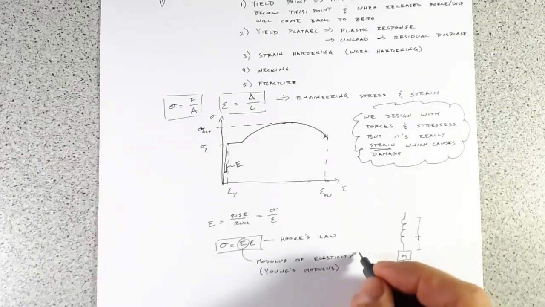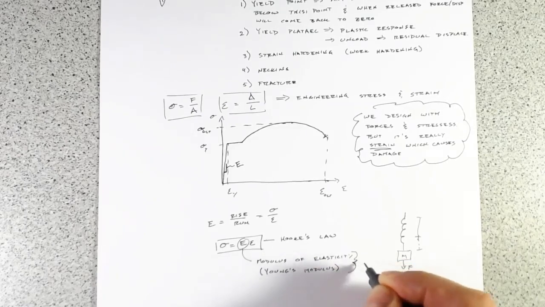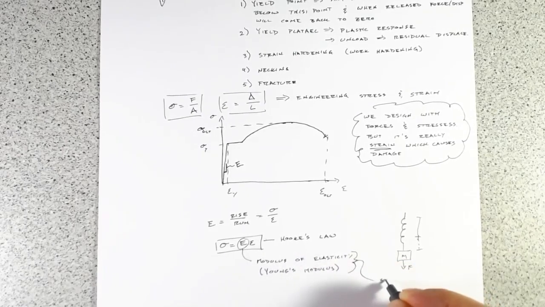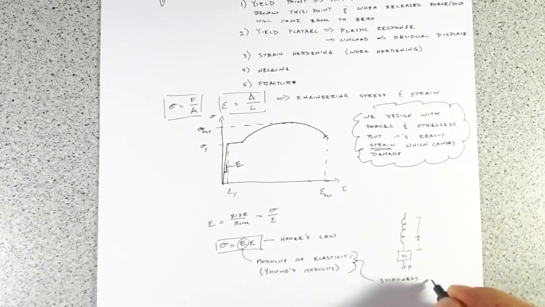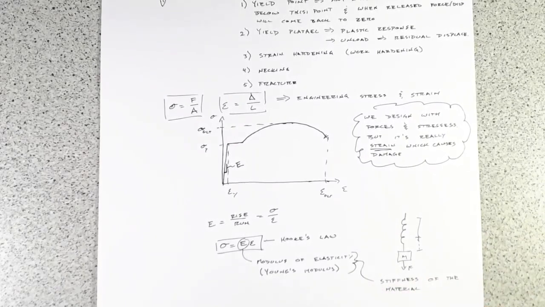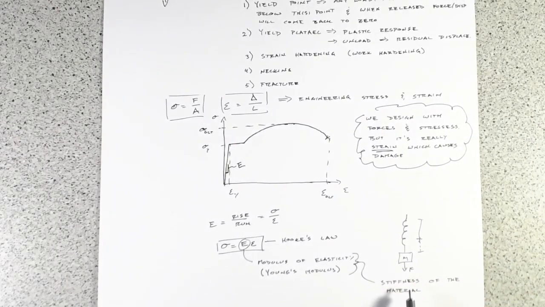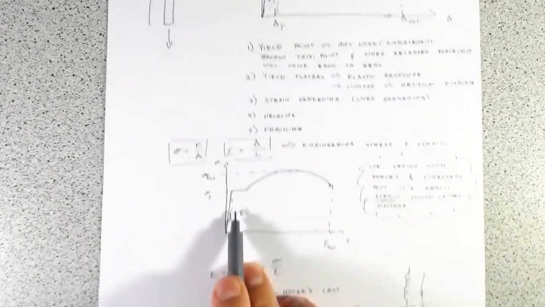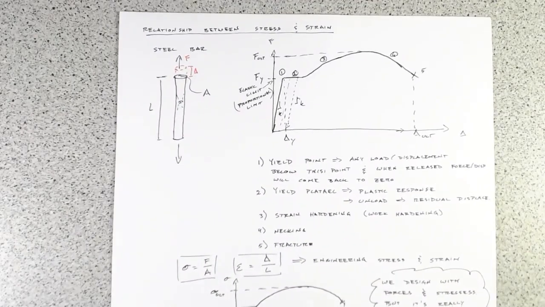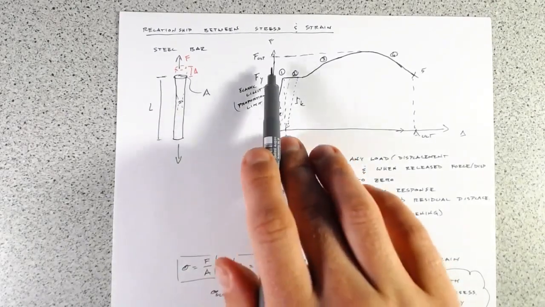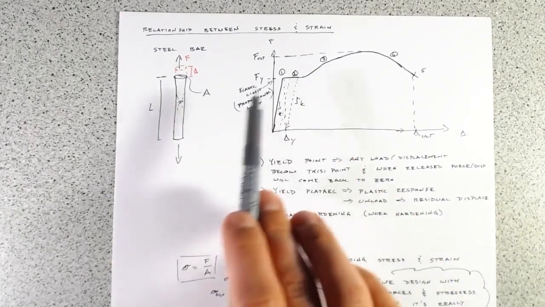And this really tells you something about the stiffness of the material. Stiffness is just how much force it takes to move something a certain distance. We can see that for engineering stress and engineering strain, it's a direct proportion to our force displacement.